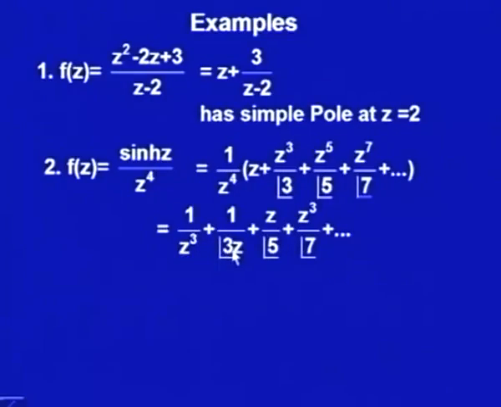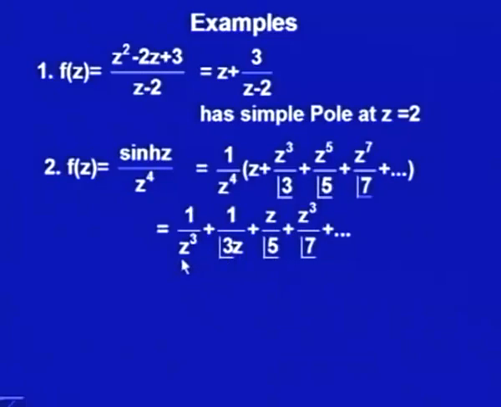You do remember that the principal part we said is b1 upon (z minus z naught) plus b2 upon (z minus z naught) square plus b3 upon (z minus z naught) cube and so on. Here z naught is 0, and what we are having till 1 upon z cube, that is the term b3. So, we are actually having 3 terms in our principal part where b2 is actually 0.